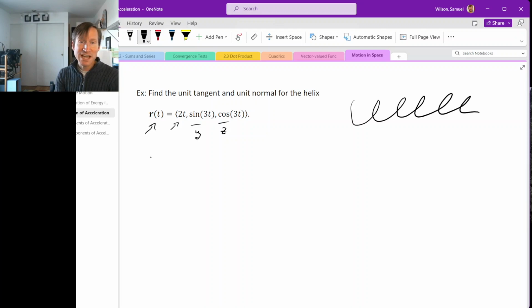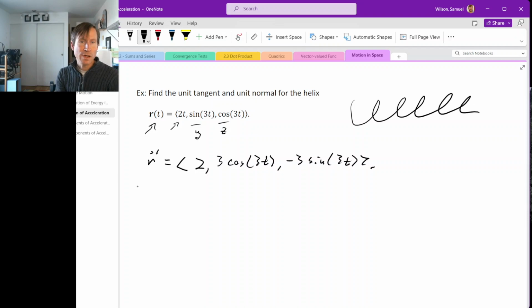Okay, so first we need to calculate capital T. To know capital T, we have to calculate r prime. So r prime is 2, comma, let's see, use the chain rule, 3 cosine 3t, comma, minus 3 sine 3t.